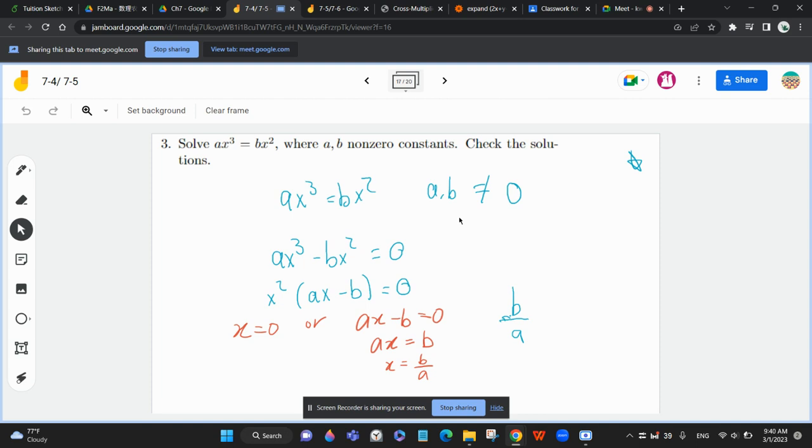And then to check the solutions means that we just need to plug in x equals 0 and b over a. So plug in 0, you get 0 equals 0.